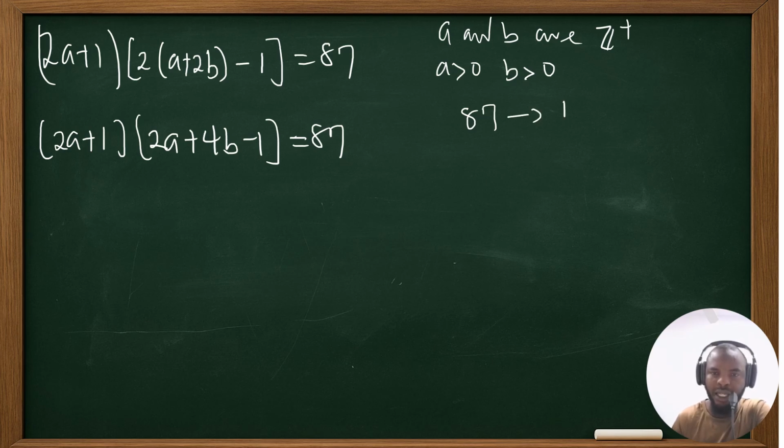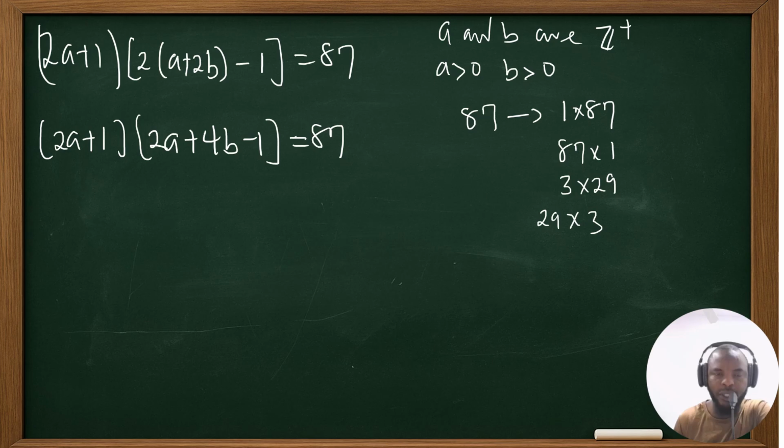The first case, you can have 1 times 87, which gives 87. The second case is 87 times 1. The third case is 3 times 29. And the fourth case is 29 times 3. Now let's look at these four cases. Which of these is more appropriate?